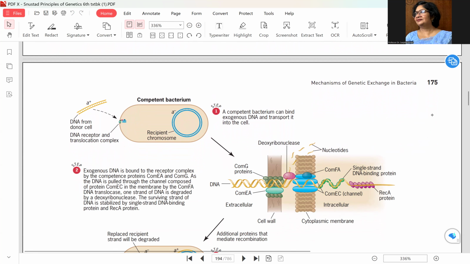If it does not have a homologous sequence, then it cannot enter into the chromosome by recombination, in which case it is broken down by the cell and the bacterial cell remains the same in terms of its previous properties. If the incoming DNA has homologous sequence to the host cell chromosome, then the incoming DNA replaces the homologous DNA in the host, and the host then has a different property from what it had previously.